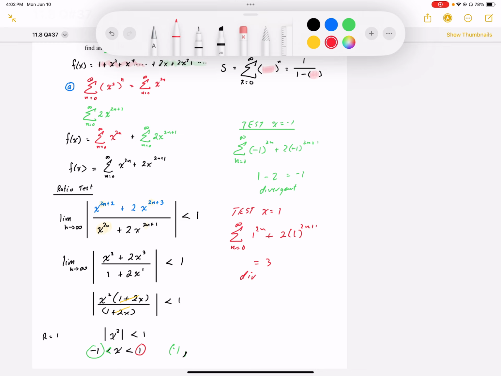Again, it doesn't pass my nth term test, so it's divergent as well. Every term is just going to be 3 plus 3 plus 3 plus 3. So 1 is also an open interval. My interval of convergence is from -1 to 1. Okay, so that's part A.